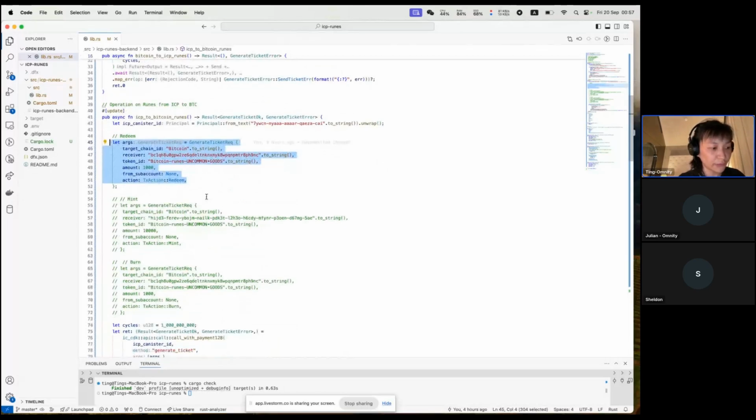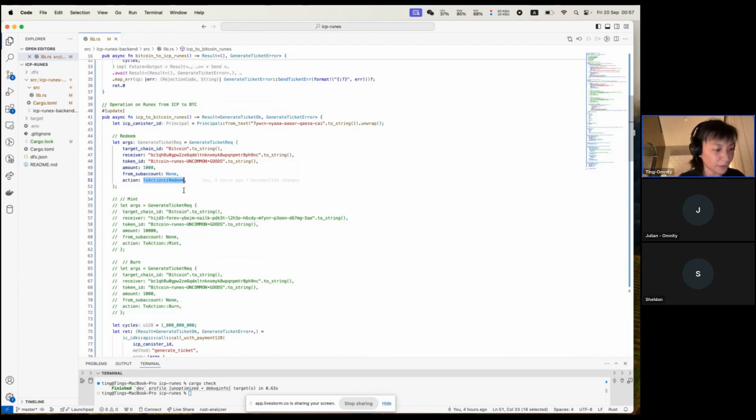So yeah, to withdraw Runes token, we will put transaction action redeem as one of the parameters, and the wallet will ask the permission to call the ledger's approve from the ICP ledger canister to burn the wrapped Runes token. From the Bitcoin side, the Runes indexer will help to verify the user account to see if there's the original Runes token.